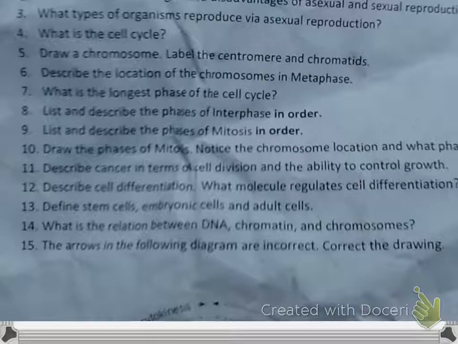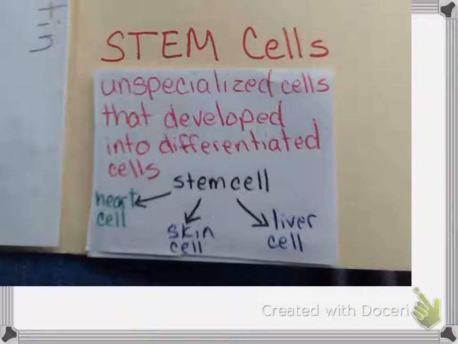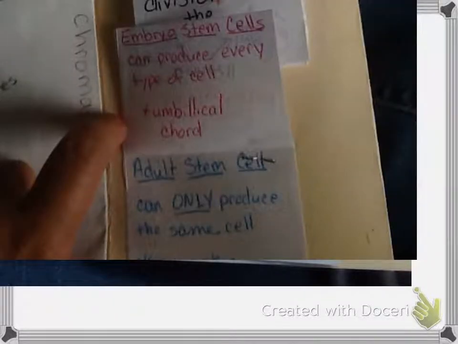Okay, so we are on question 12 and 13. Remember, embryonic stem cells, you can produce any type of cell because those are just general cells.